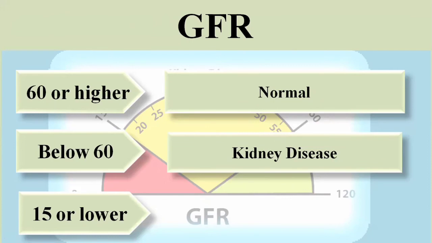The formation of filtrate is not at the normal rate. It means there must be some abnormality, obstruction or disease in the nephrons of the kidney. Below 15, there is very little or no formation of filtrate.